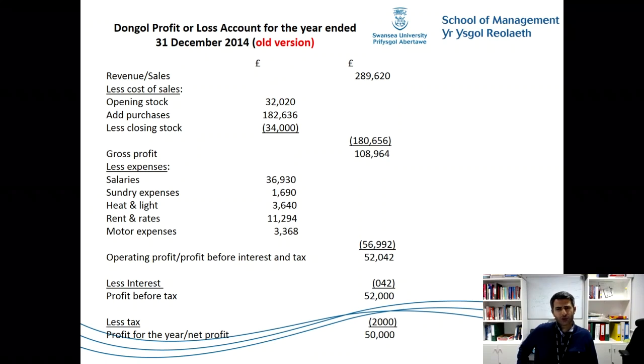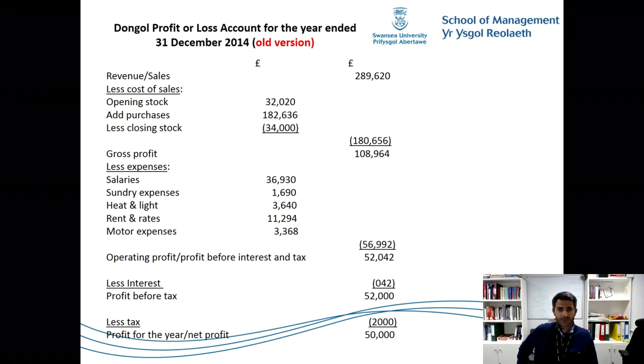So that will come to 180,656. So now, as you see, if you subtract cost of sales from sales, that will come to gross profit.